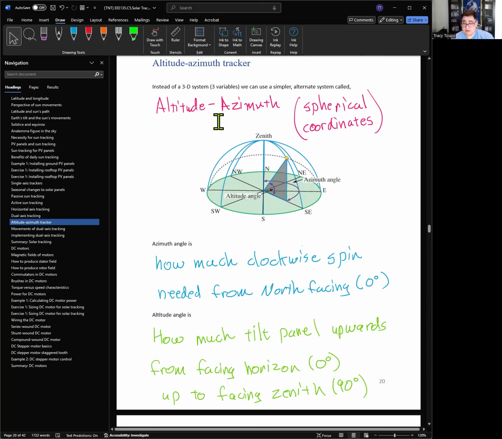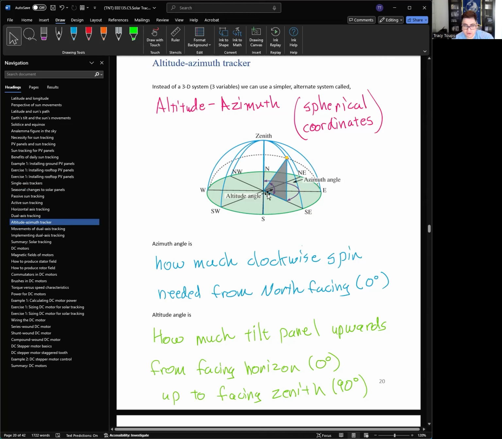That would work, but keeping track of three variables is complicated. So we borrowed from calculus 3 spherical coordinates. If you remember spherical coordinates, think of a sphere. All we need is the angle from a set point.